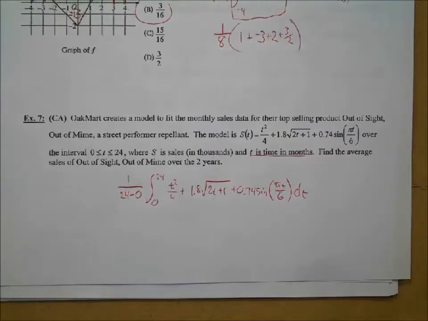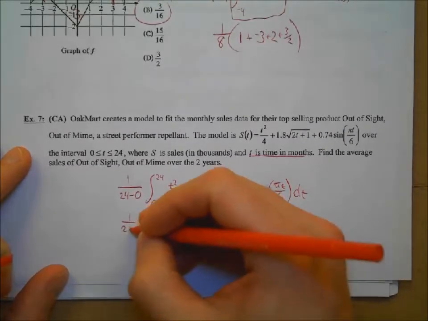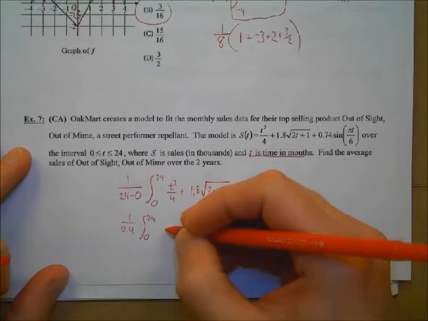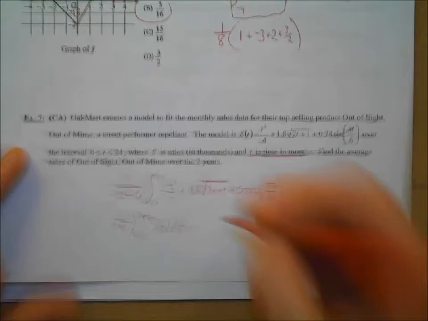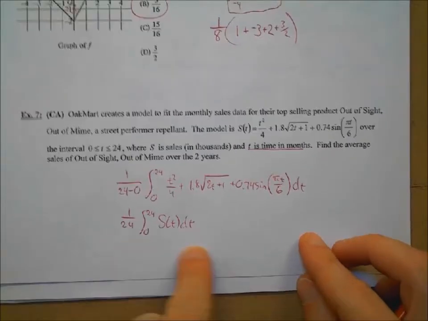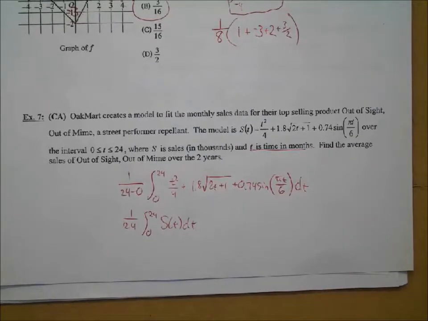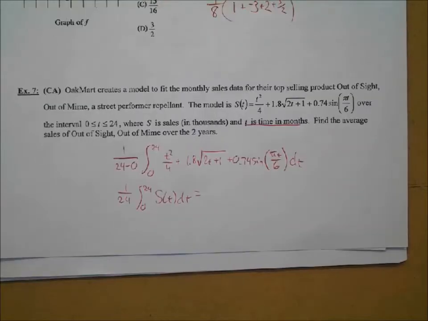So get your calculators handy. Alternatively, if you want to save time, you don't need to write out the entire function here. You could just say the integral from 0 to 24 of S of t. That is perfectly legitimate for your setup. Please make sure you are showing your setup though. But that's fine. You don't need to do all that.